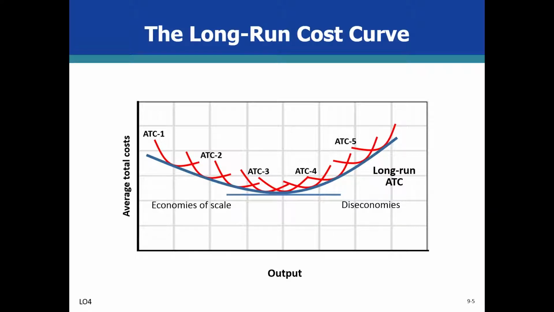So this captures the whole range of average total cost on the vertical axis and output at various stages of long-run activity across the horizontal axis. Picking the point on this cost curve is both a long-run decision and a decision to understand whether you're operating at economies of scale or diseconomies of scale.